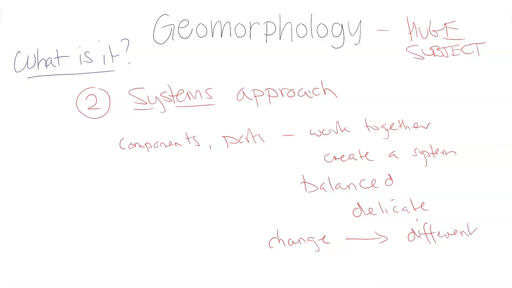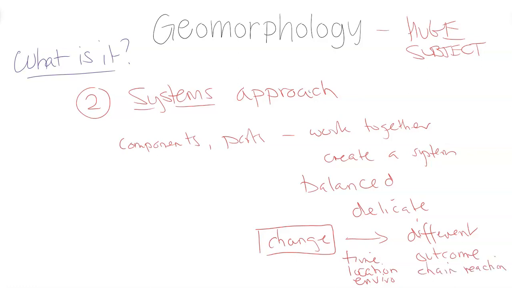Now, this could be over time, different location, or different environment. But if you change one thing, there's going to be some outcome that is going to be changed, or there's going to be some sort of chain reaction throughout different parts of the system.